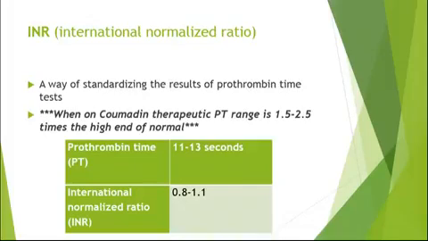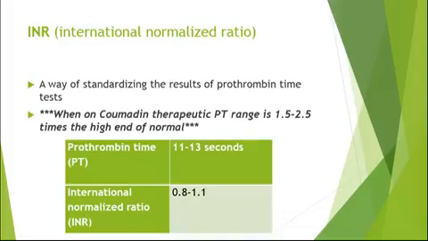Say you have a PT done at Ohio Health and then you go to Mount Carmel, and they can't use the same PT because they may use different reagents. Now what they can use is the INR, and sometimes PT isn't even reported, but the INR is.